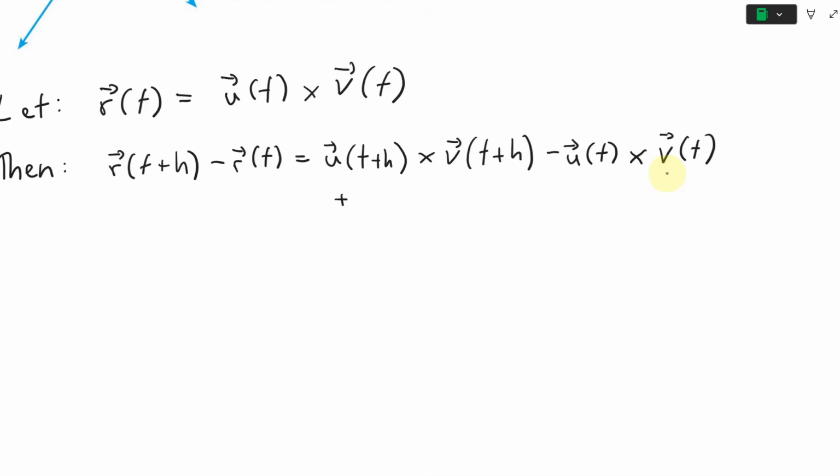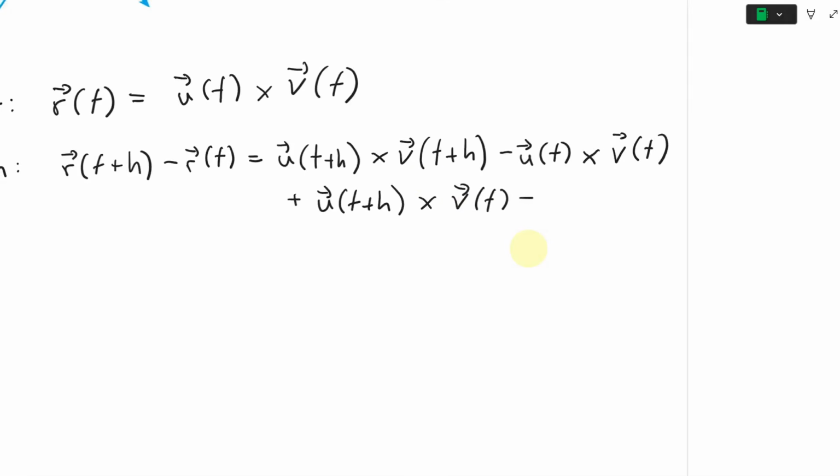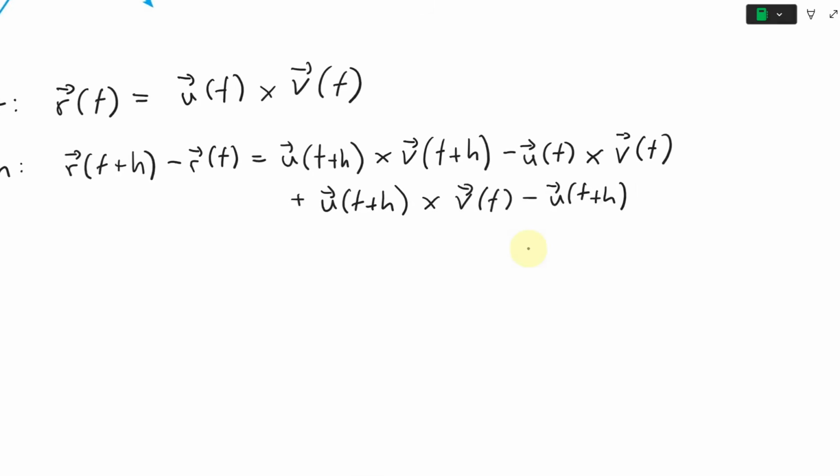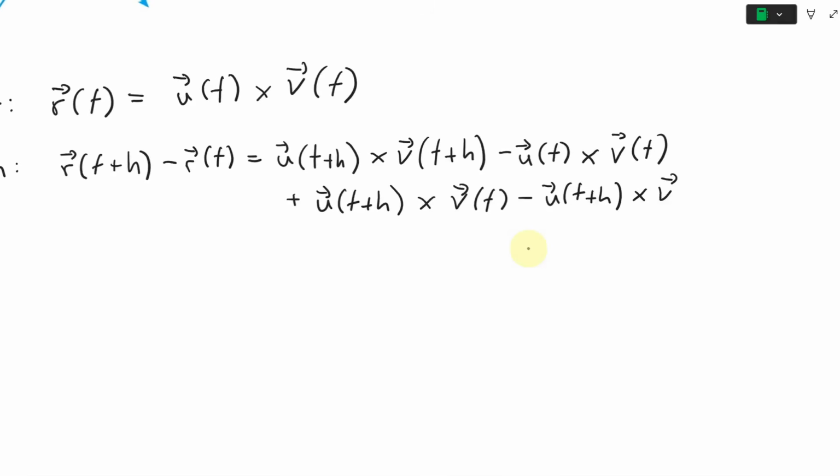It goes plus u of t plus h cross v of t, with just t instead of t plus h, and then it subtracts it as well so that we don't change anything. So this is still equal to 0: plus u of t plus h cross v of t, like that.